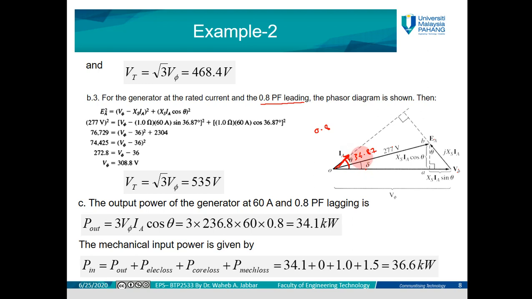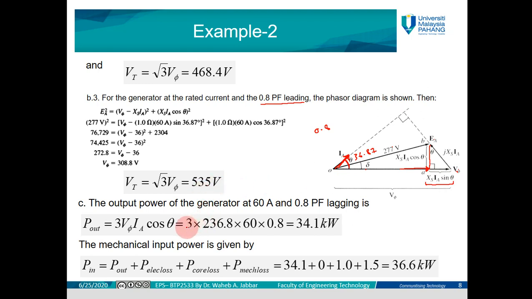So here this is the angle, and if we want to apply the Pythagoras law on this right triangle, it will be the same, but we are going to consider this line and this line. So until this part here, it will not be V phase, it will be V phase minus this part, because V phase is longer, so it will be V phase minus XS IA sine theta.